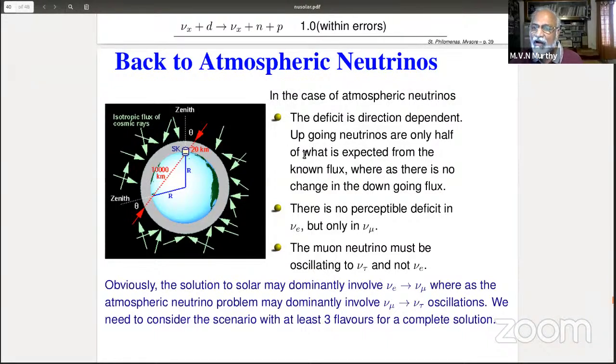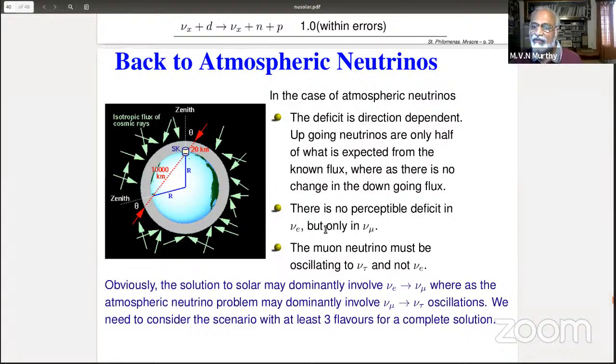Upgoing neutrinos are only half of what is expected from the known flux, whereas there is no change in the downgoing neutrino flux. There is no perceptible deficiency in the electron neutrino, but only in the muon neutrino. And the muon neutrino must therefore be oscillating into something other than the electron neutrino. Why? Because if there are only two flavors, electron neutrino and muon neutrino, then the muon neutrino can only oscillate to the electron neutrino, and vice versa.